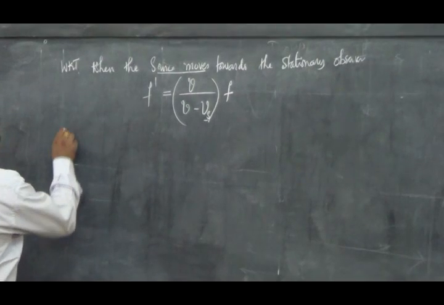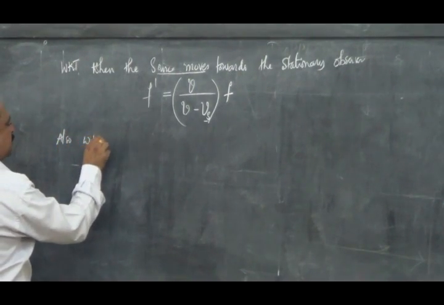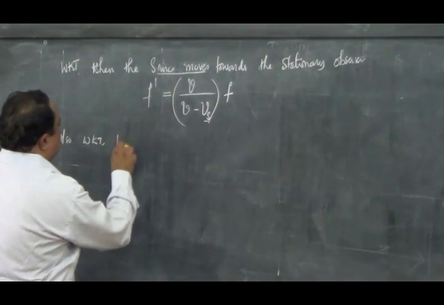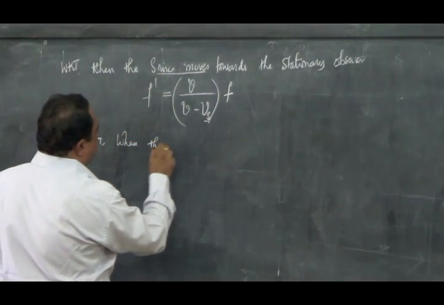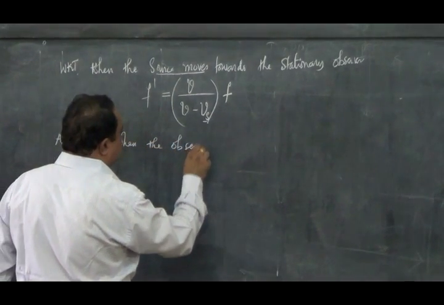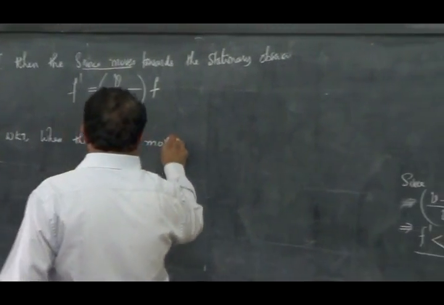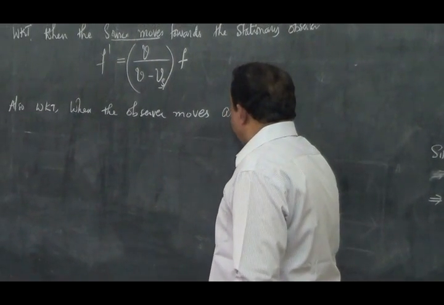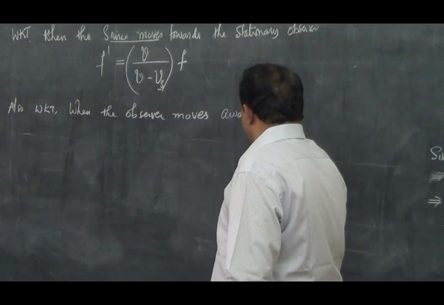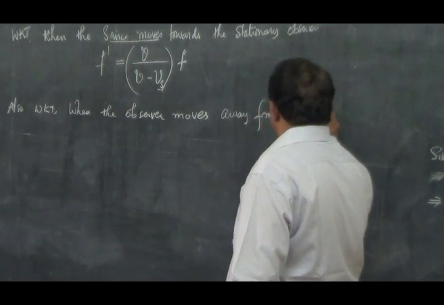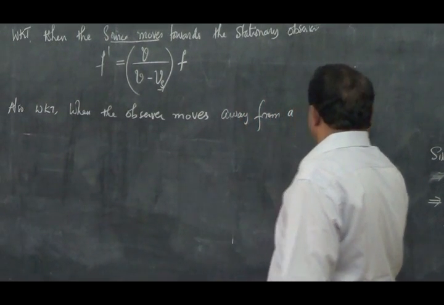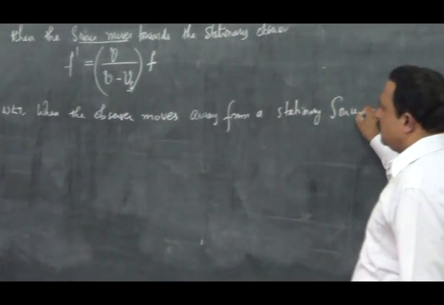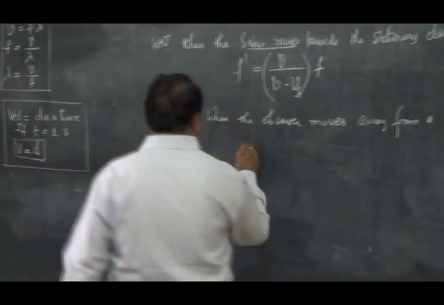Also we know that when the observer moves away from a stationary source, then what is the formula?